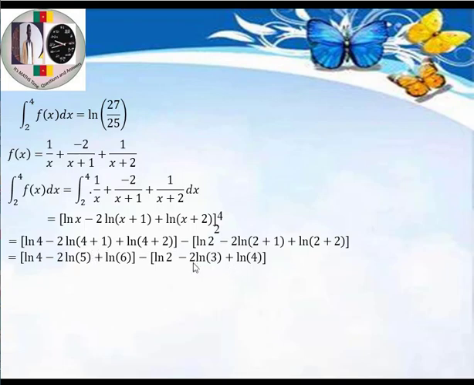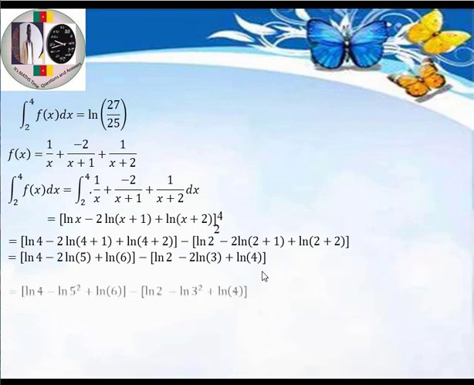Same for 2 ln 3, it will be ln 3 power 2, and 3 power 2 is 3 times 3, which is 9. Then we can manipulate. Since we are adding ln 4 plus ln 6, we can multiply them. We are adding ln 2 plus ln 4, we can also multiply them because of that law of logarithm.